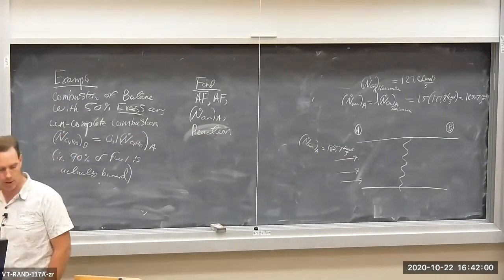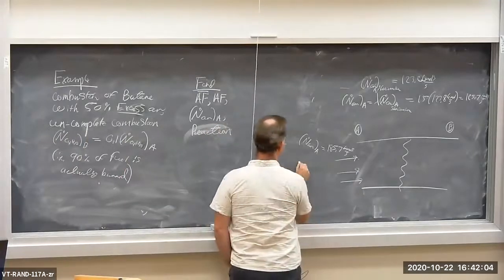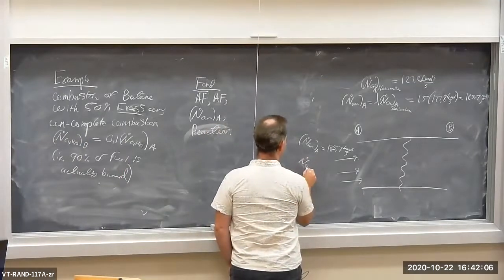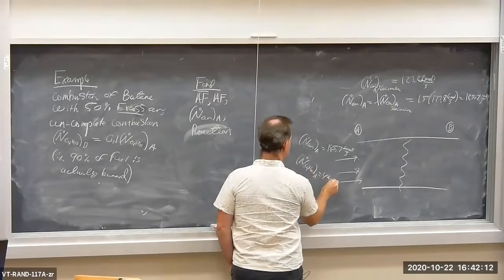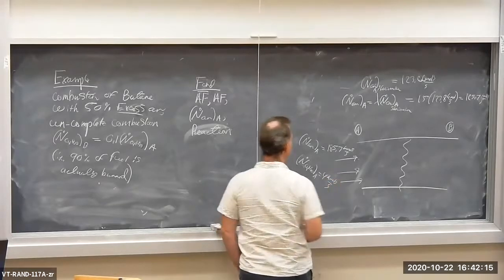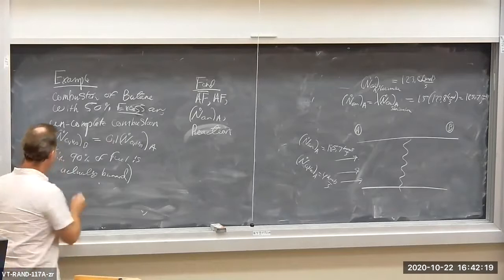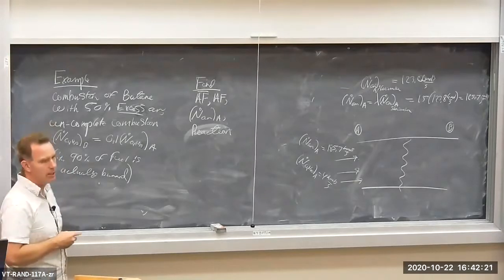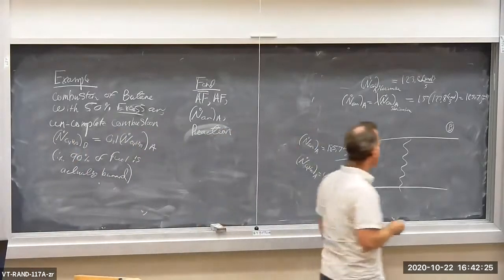Recall N dot for the fuel, C4H10, at the inlet was 4 kilomoles per second. Again, we're told that only 90% of the fuel is burned, leaving a remainder of 10%.